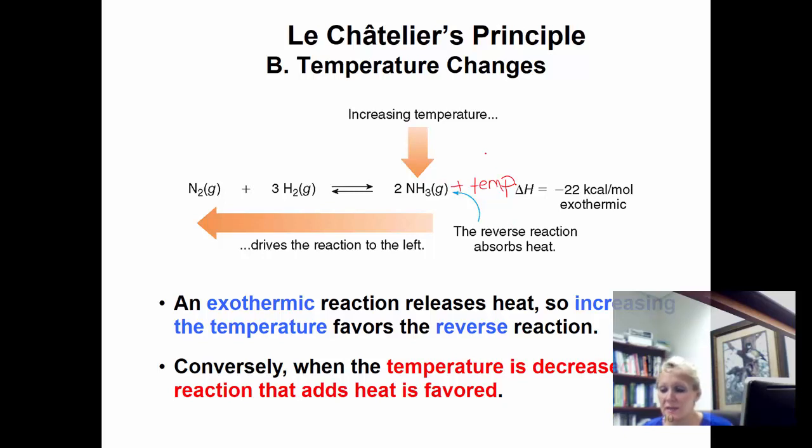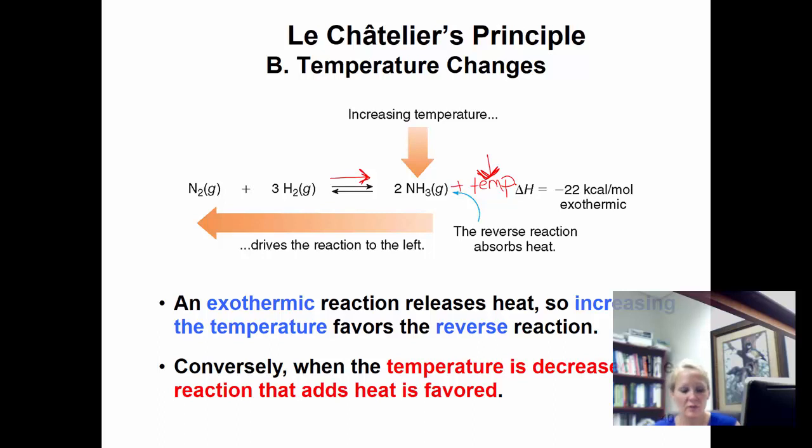If I decrease temperature, if I'm pretending this is a product here in an exothermic reaction, then the reaction has to shift to the side of the loss. If you increase, it shifts to the other side. If you decrease, it shifts to the side of the loss.